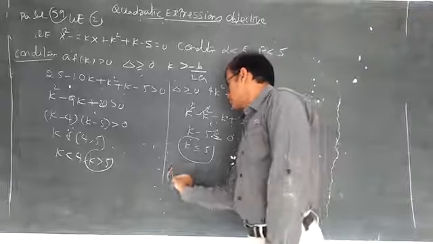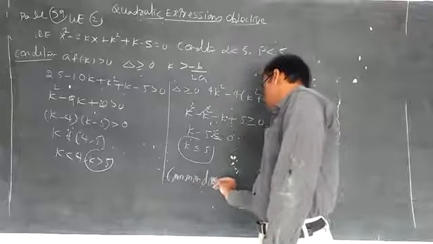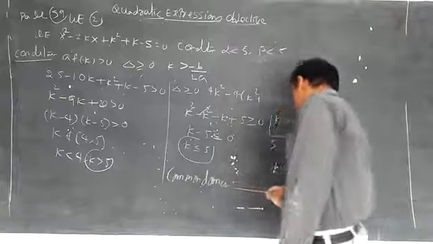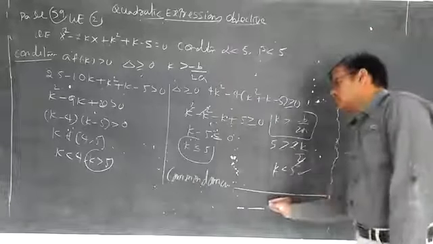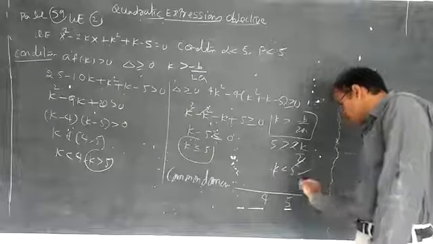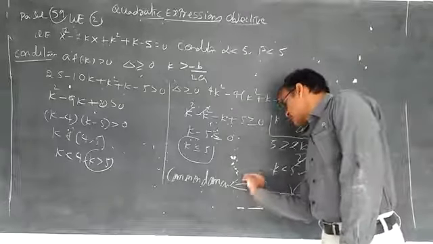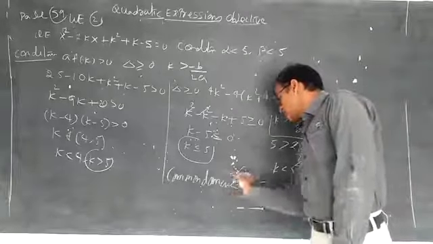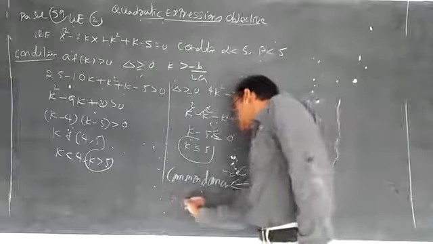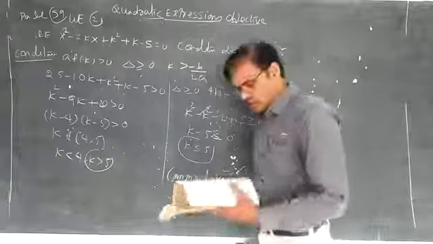Common domain I am writing. Draw a line like this. Put here 4. K less than 4 we need, and k less than 5 we need, and k greater than 5. Like this. This is correct. This is until infinity. Common domain is equal to minus infinity comma 4 open interval.